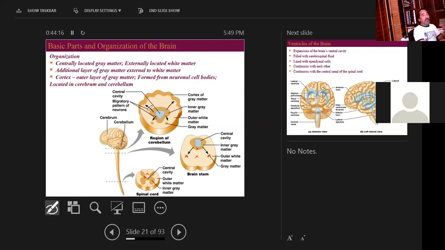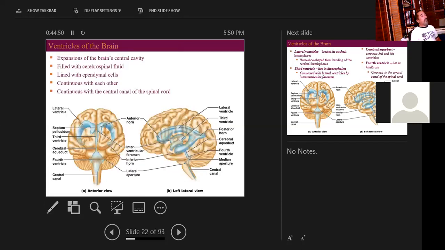If you go higher, such as the cerebellum or cerebrum, they're going to have gray matter in the middle, some gray matter on the sides, white matter around it, and then another gray at the exterior. Okay, those are the cortex. So that's the organization of the brain and the spinal cord. The outer layer of the gray is called your cortex, and it's located at the cerebellum and cerebrum.